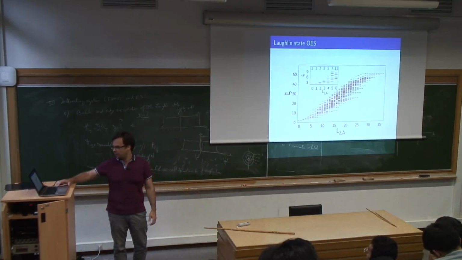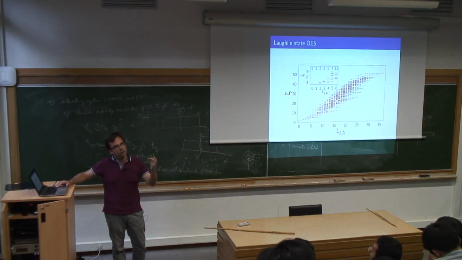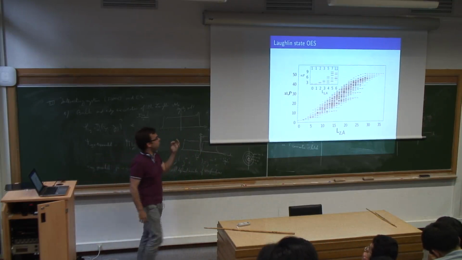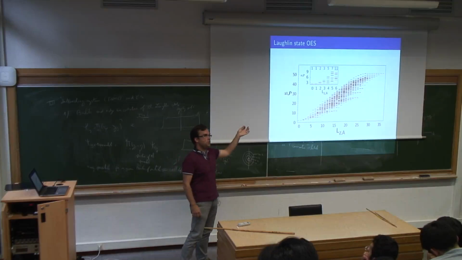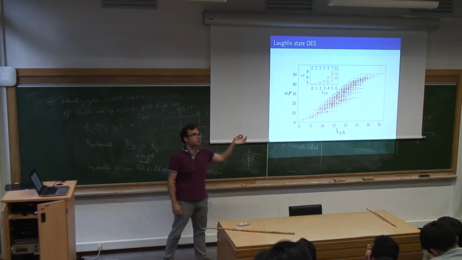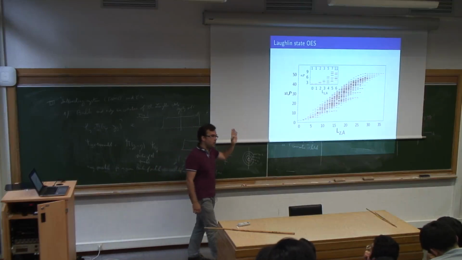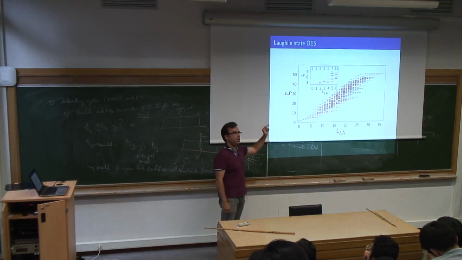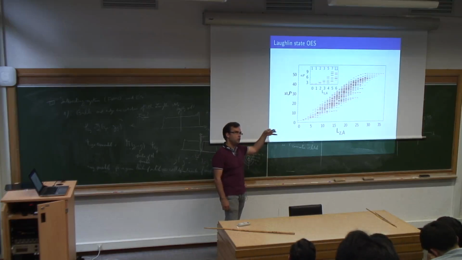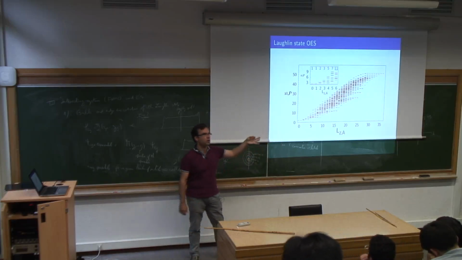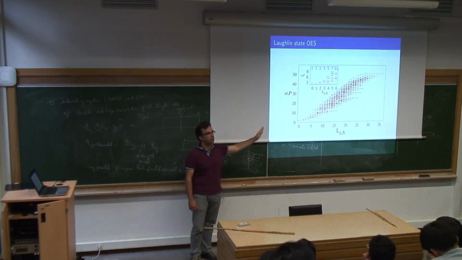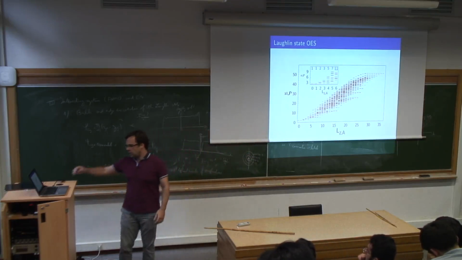Actually, it's even better than that. For the integer quantum Hall effect, if you look carefully at the calculation, the counting that you have, the 1, 1, 2, 3, 5 counting, there are no options, actually. Because for each specific value of NA and LZA, there is a given number of configurations that you can write down, and these are exactly the configurations of the counting of the edge mode.